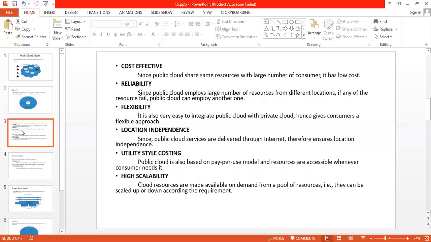Cloud resources are made available on demand from a pool of resources. That is, they can be scaled up or down according to the requirement. Suppose one application needs more resources, one needs fewer. Public clouds are scalable, they can scale up or scale down according to the requirement of the application.